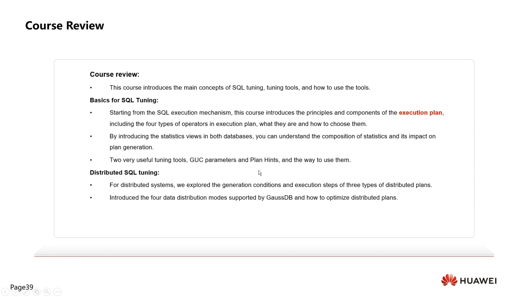And for distributed systems, we explored the generation conditions and execution steps of the 3 types of distributed plans, and I introduced the 4 data distribution modes supported by GaussDB and how to optimize distributed plans.